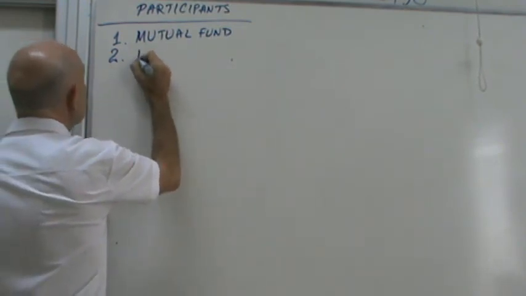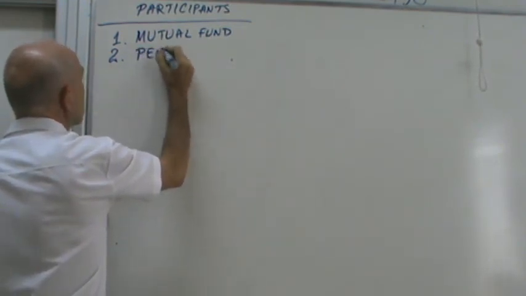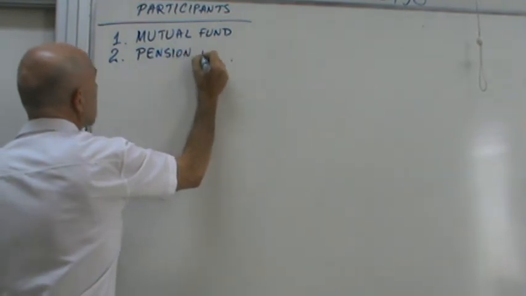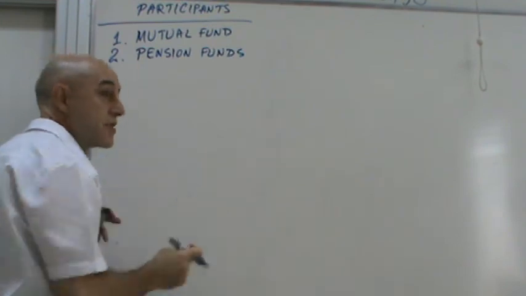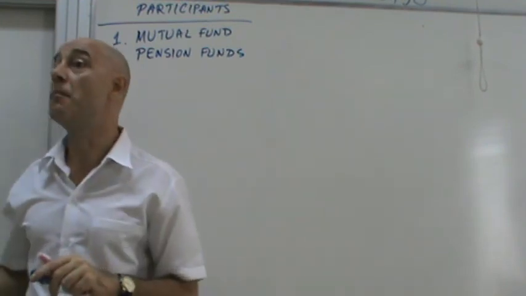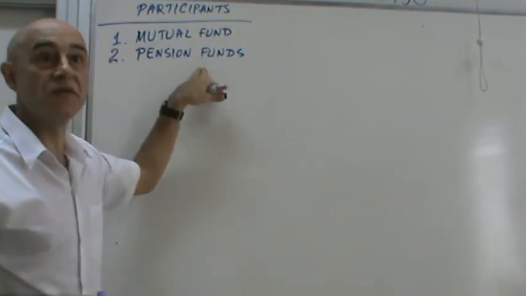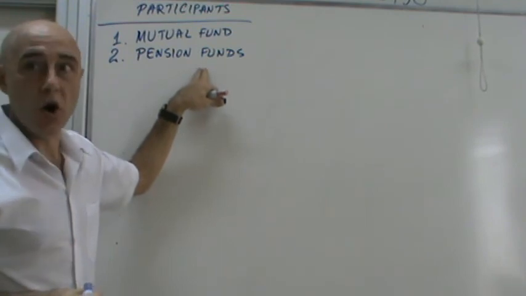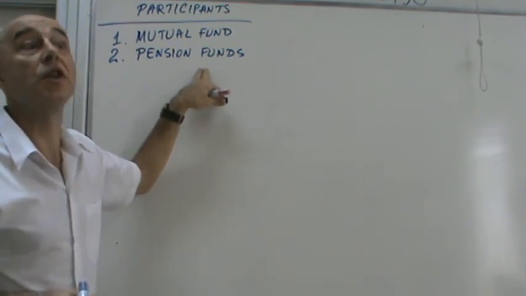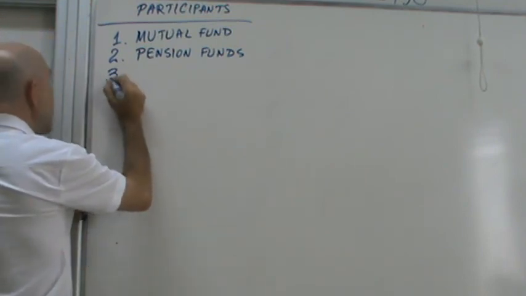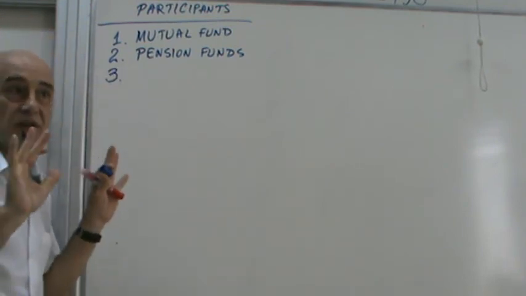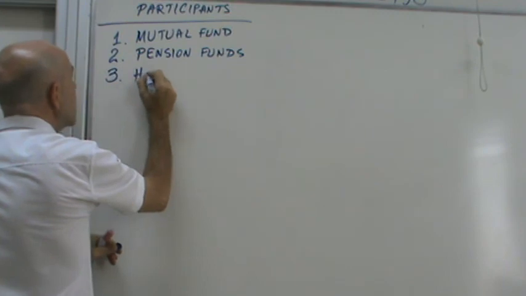Second will be pension funds. Again, they invest mostly in stocks and bonds. Mutual and pension funds are usually long. They invest mostly on the long side. They don't short.